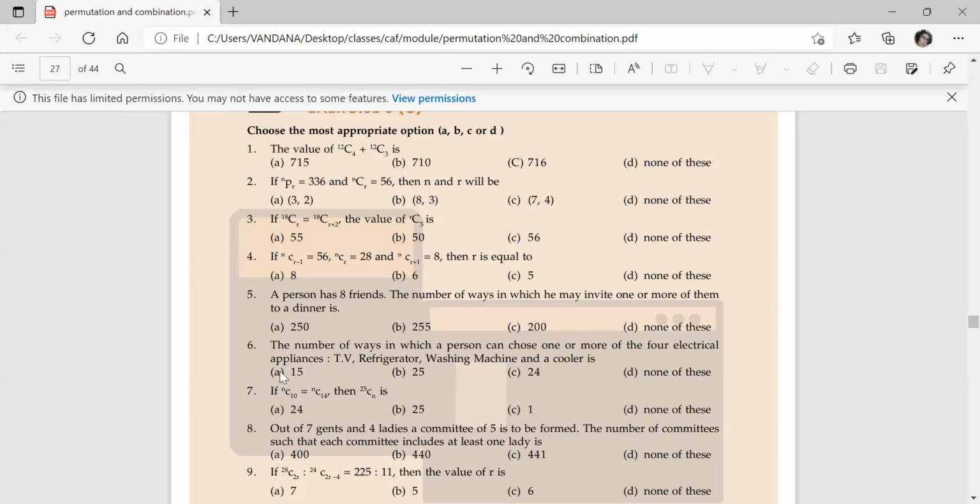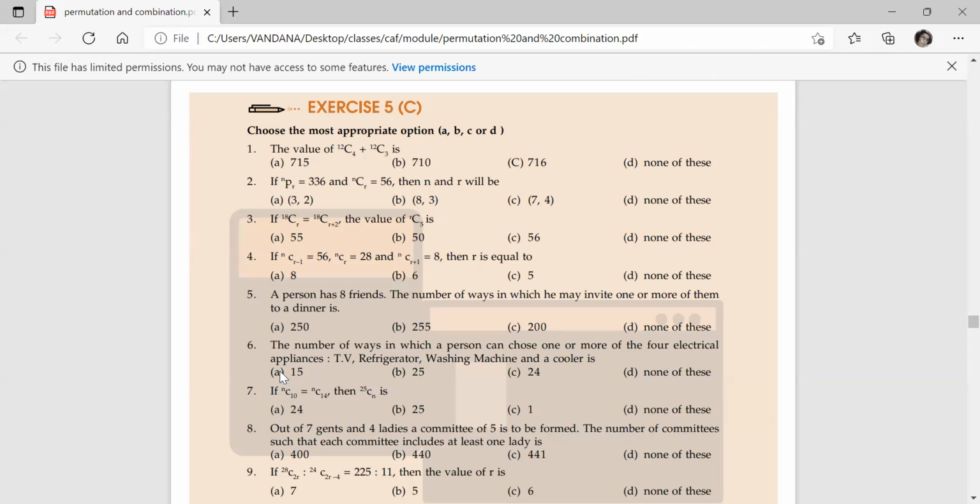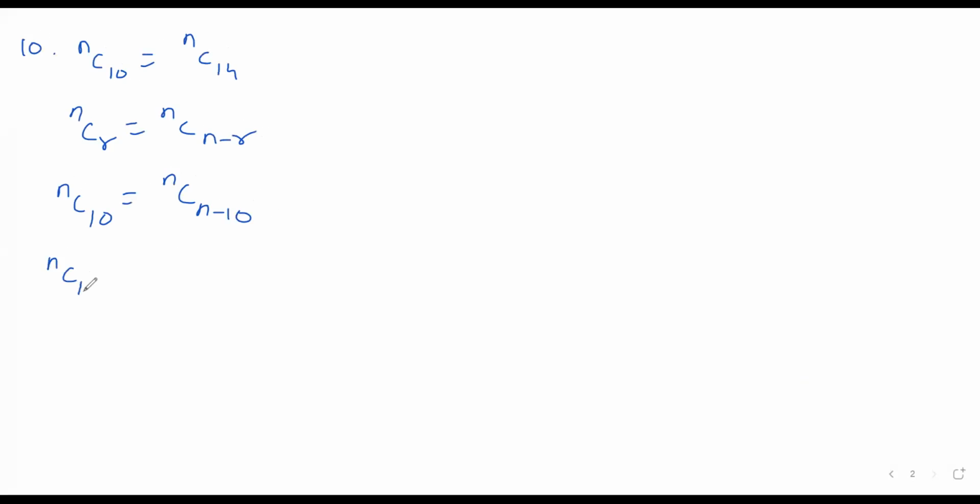Question number 7. If nC10 is nC14, what is 25Cn? We know nCr is nC(n minus r). So nC10 can be written as nC(n minus 10). nC(n minus 10) is nC14. n minus 10 is 14. n is equal to 24.